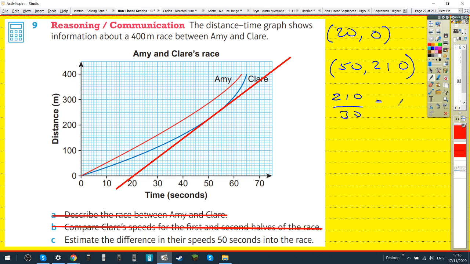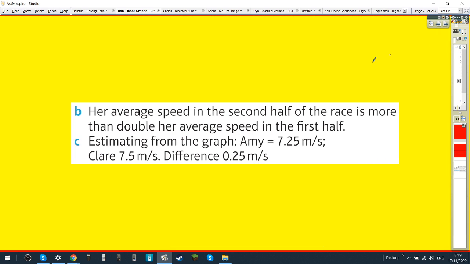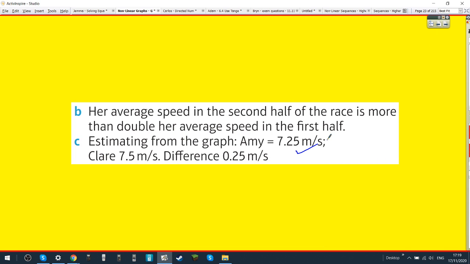So your gradient is 7. What's the unit? The unit is meters per second. Looks like it. Okay, so 7.25. All right. So it was 220. Grand.